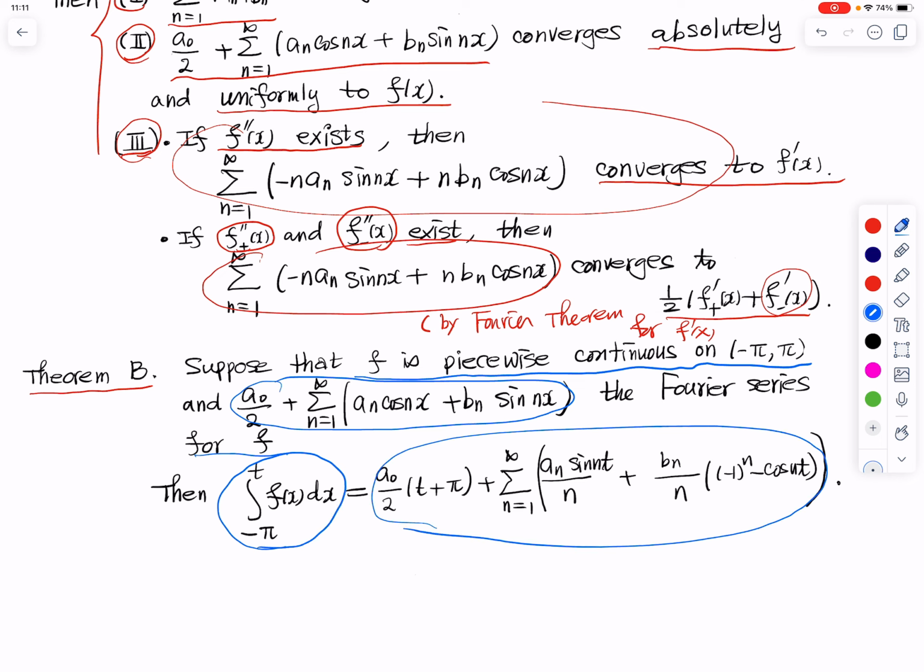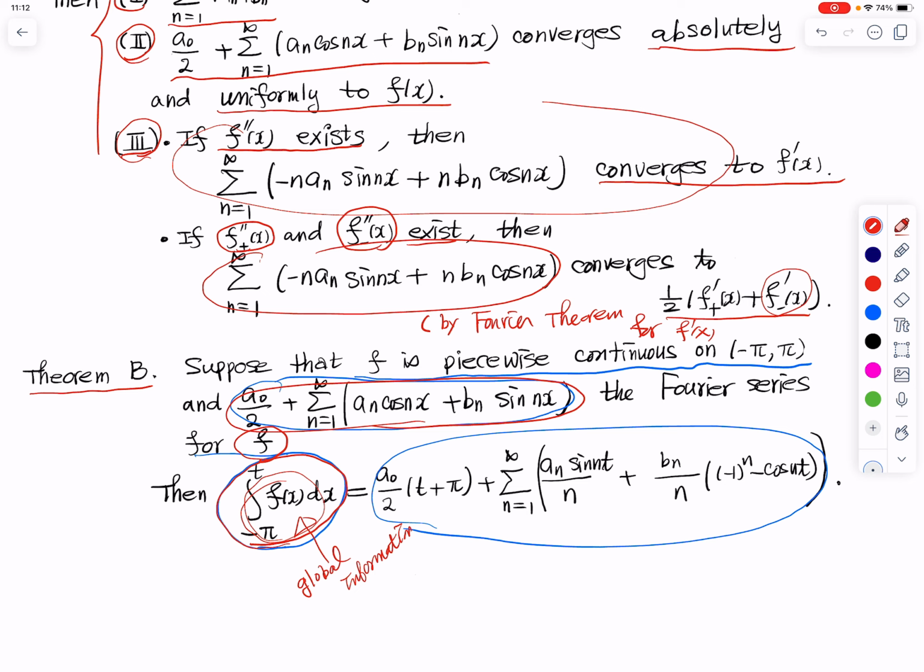So the given function and the Fourier series are different at some points. At some points x it converges to f(x), at some points it does not converge to f(x), but this is a global property. When you have the integral from minus pi to t, this gives global information, not local information.